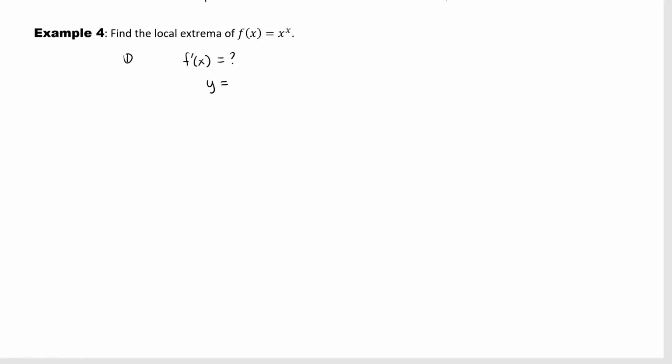So y equals x to the x. That's the first step, and then we apply ln on both sides. Okay, and ln of x to the x, we can put the exponent in front. So we have x ln x. Okay, and then we're ready to differentiate.